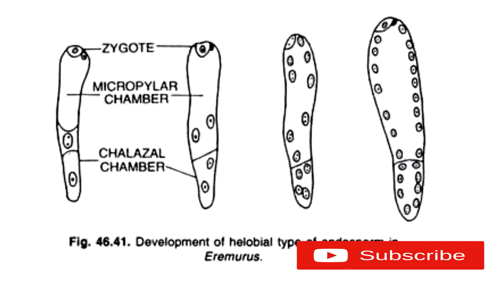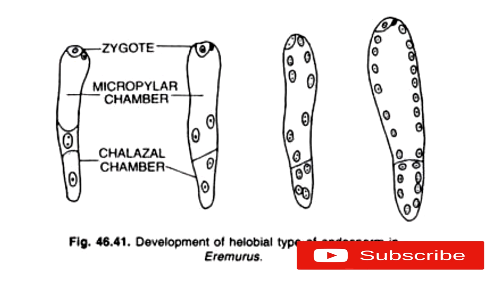This PEN undergoes the first division and forms two cells. The cell towards the micropylar end is larger, and the cell towards the chalaza, that is the chalazial chamber, is smaller.